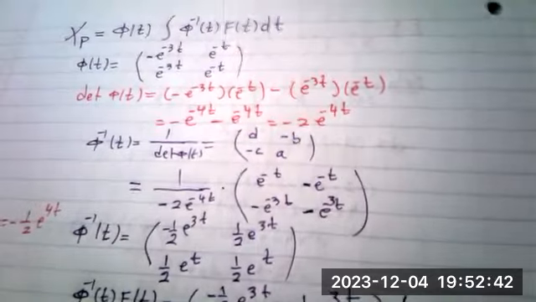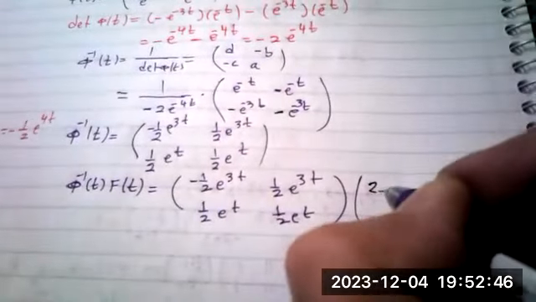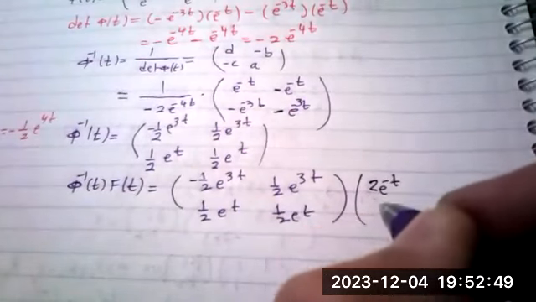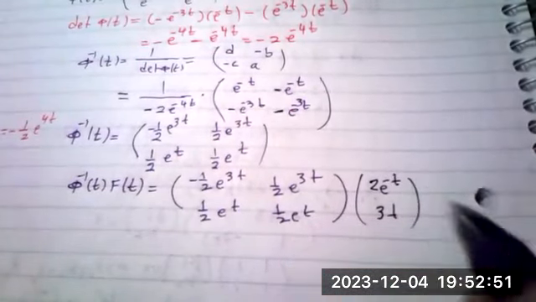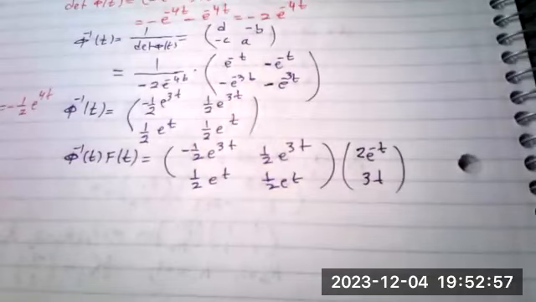You multiply by f of t. What is f of t? The original function, 2e to the negative t, over 3t. So that would be the next step. Now multiply this one and then integrate it.